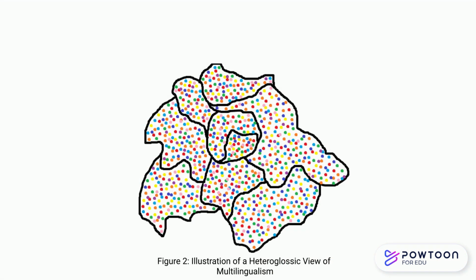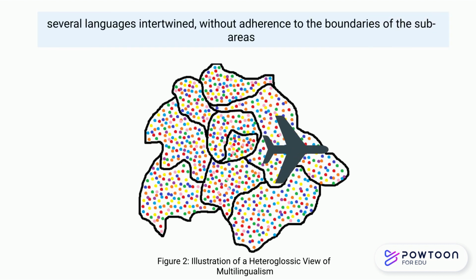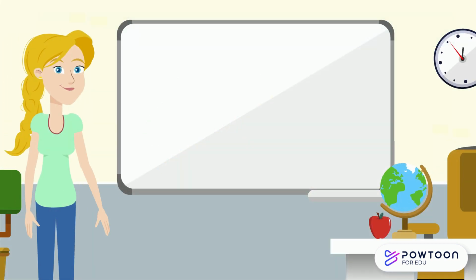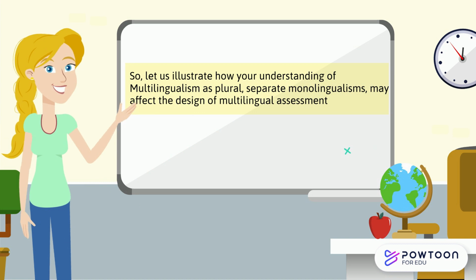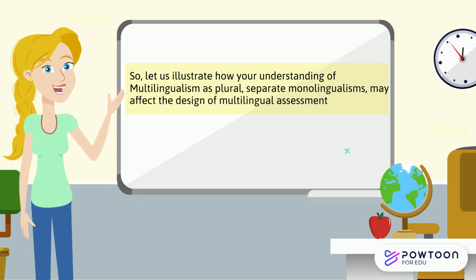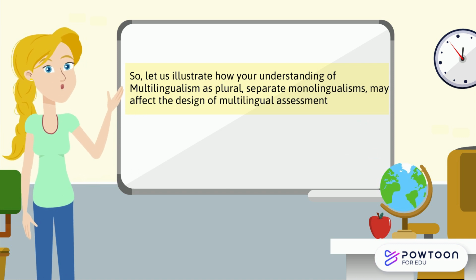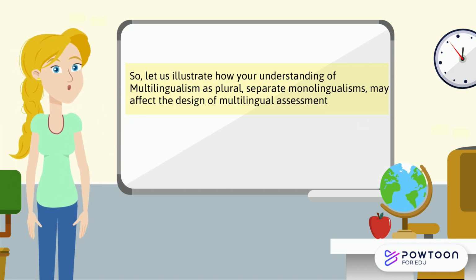This figure is intended to communicate the idea that when the general area is seen from the air, one sees several languages intertwined without adherence to the boundaries of the sub-areas. So, let's illustrate how your understanding of multilingualism as plural, separate monolingualisms may affect the design of multilingual assessment.